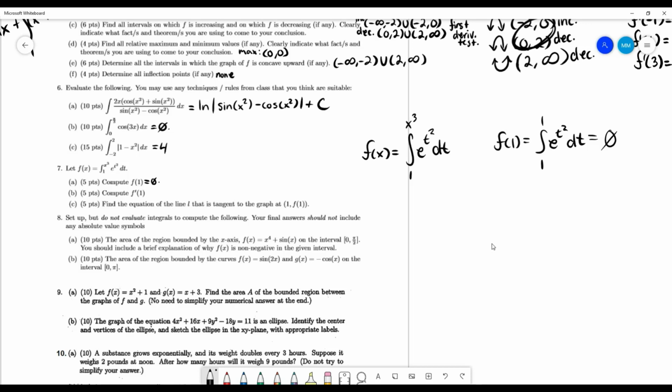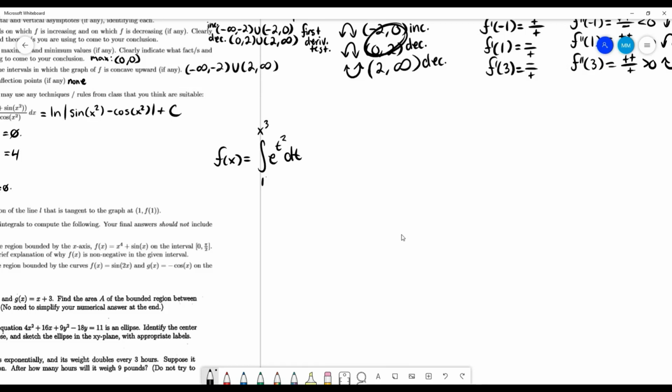Now I want to know f prime of 1, so we have to take the derivative of this, which uses the fundamental theorem of calculus. Because it's only this top bound, it's going to be the derivative of this whole thing, which using the fundamental theorem of calculus is just that.